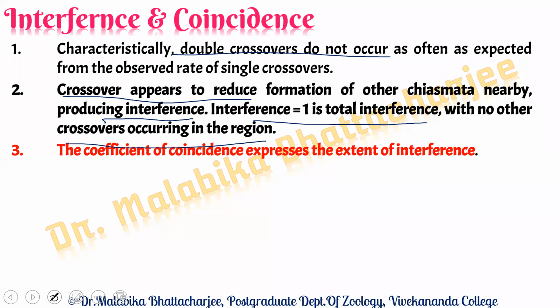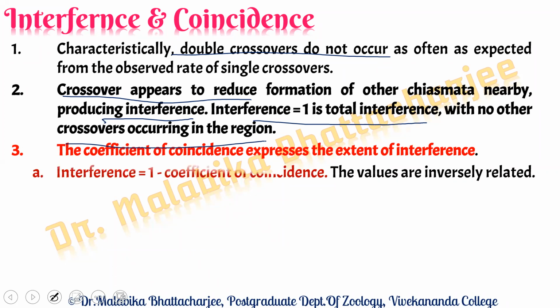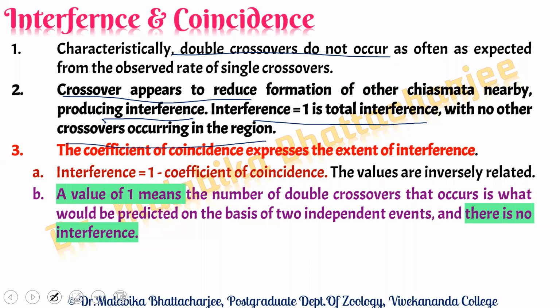Now, the coefficient of coincidence expresses the extent of interference. The interference and coefficient of coincidence are inversely related, as I just now explained. The value of 1 means the number of double crossovers that occur is what is to be predicted on the basis of 2 independent events, and there is no interference. So when we have a CC value of 1, there is no interference.